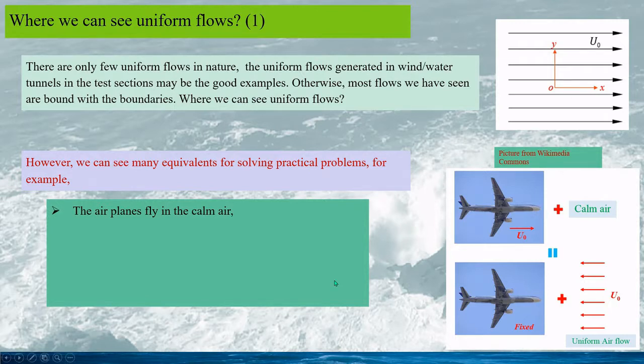This is the well-accepted principle for the wind tunnel or the water tunnel test and for the numerical modeling, in which the model or the airplanes are fixed and the incoming uniform flows are used.